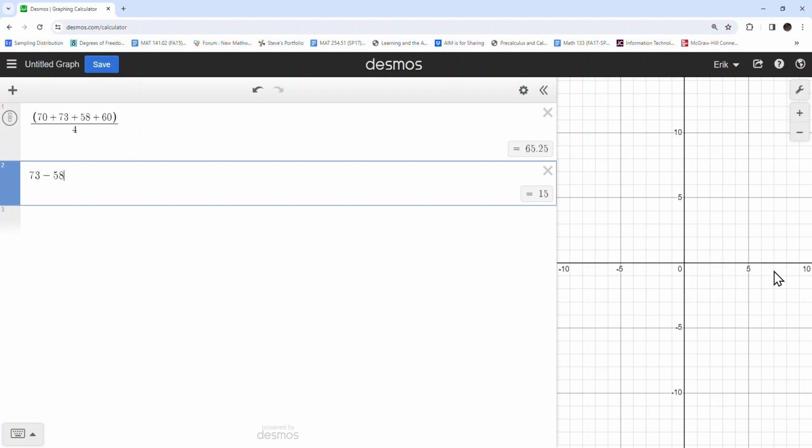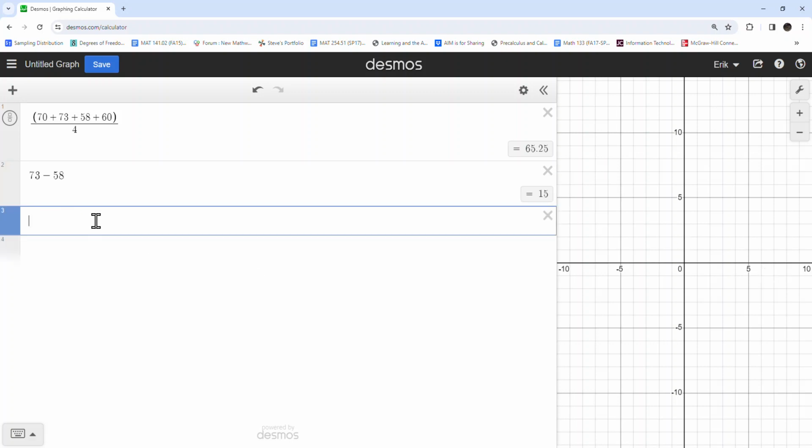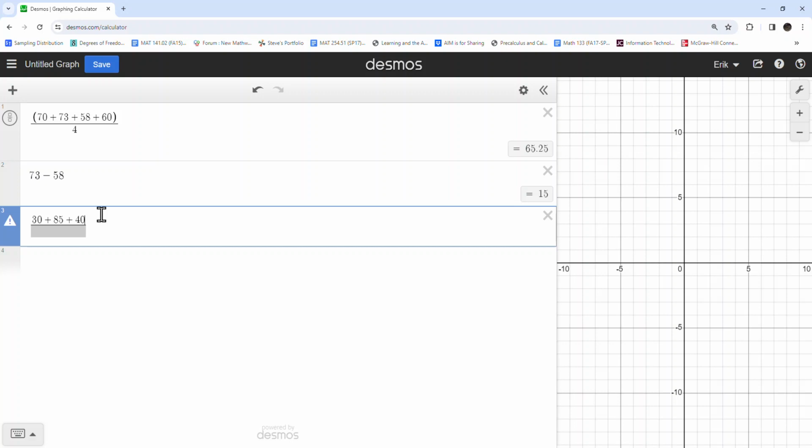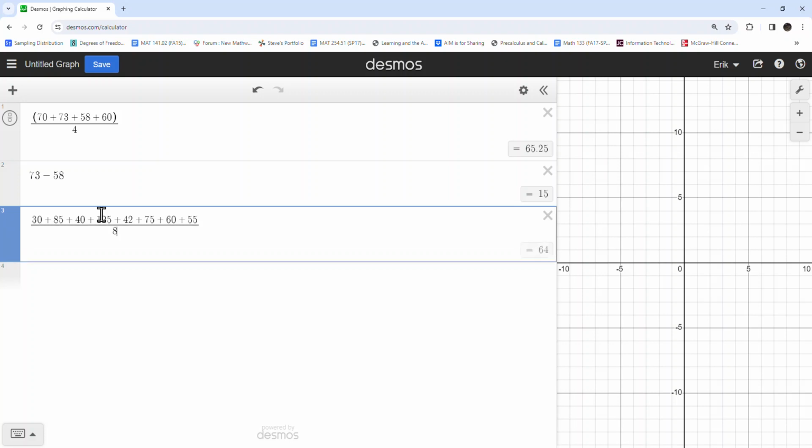So for the mean of the second picture, there's a few more data values, but it's okay. There's not too many. I can quickly type them in. 30 plus 85 plus 40 plus 125 plus 42 plus 75 plus 60 plus 55. And that was 2, 4, 6, 8 dogs in that picture. Would you look at that? The mean is basically the same, 64 pounds.